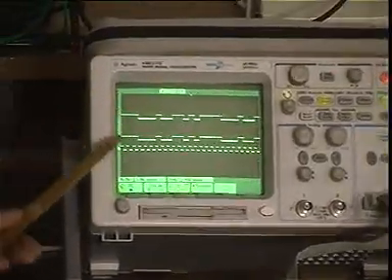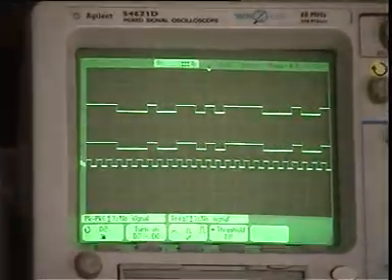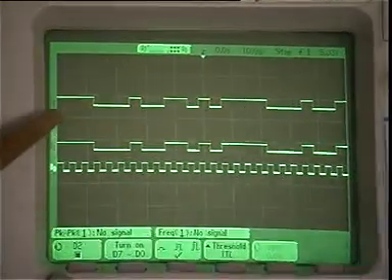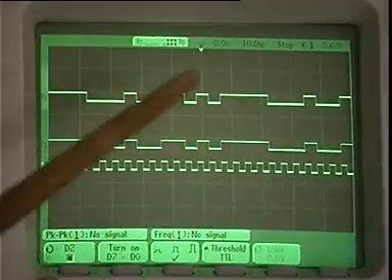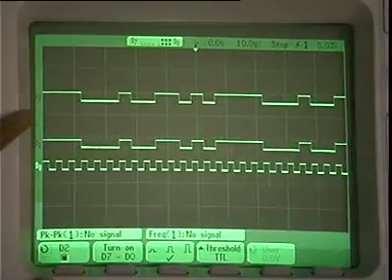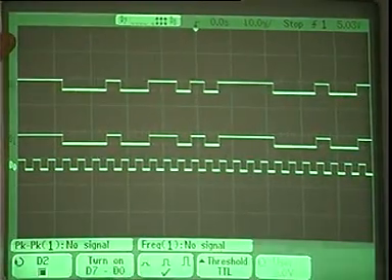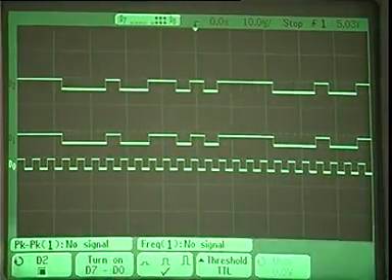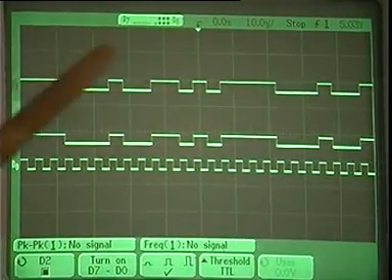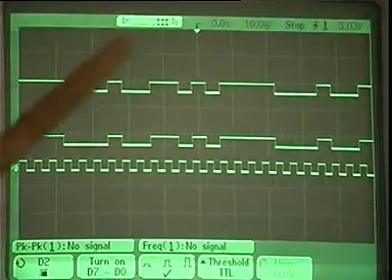Out of 16 channels, I am using only 3 channels. The lowermost one is the clock, the middle one is the data, and the top one is the actual line code. What I am showing on the screen is a typical waveform of NRZL.